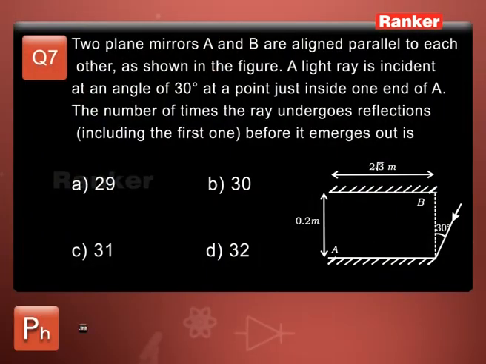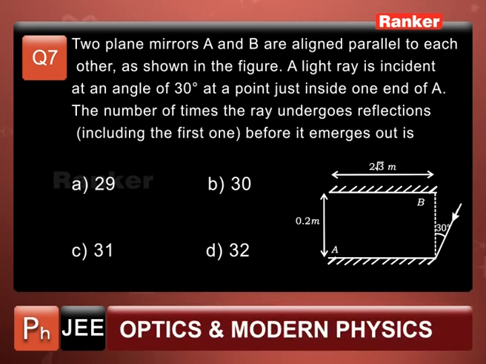So options are given as A 29, B 30, C 31, D 32. So the option will be C, that is nothing but 31.